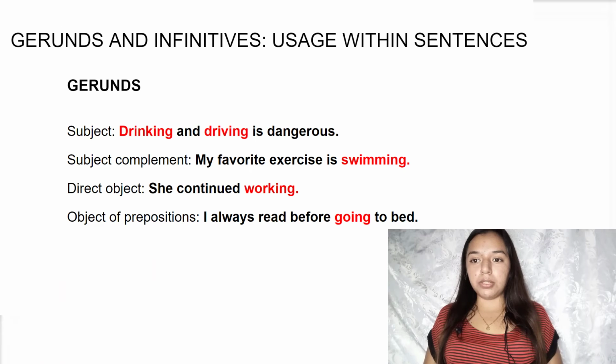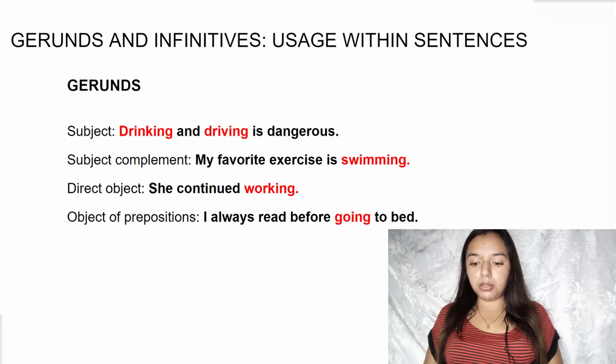Now I'll talk about gerund and infinitive usage within sentences. Gerunds and infinitives function as nouns within sentences. Gerunds can be subject, subject complement, direct object, and object of preposition. We have one example in subject. Drinking and driving is dangerous. The subject is drinking and driving.